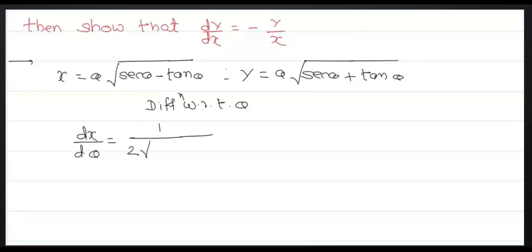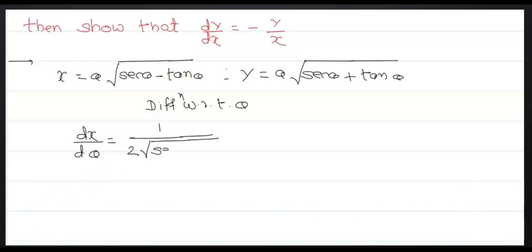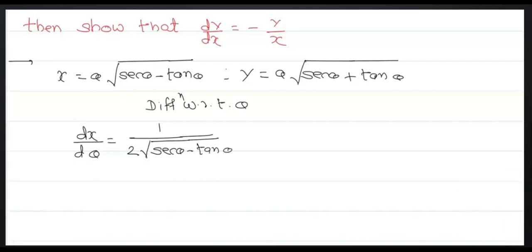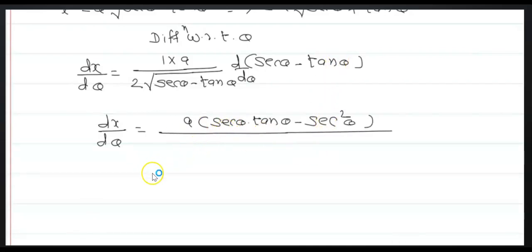Now dx upon d theta is equal to 1 upon 2 root of sec theta minus tan theta into the derivative of sec theta minus tan theta, times a. Therefore dx upon d theta is equal to a, the derivative of sec theta is sec theta tan theta, minus sec square theta, upon 2 root of sec theta minus tan theta.